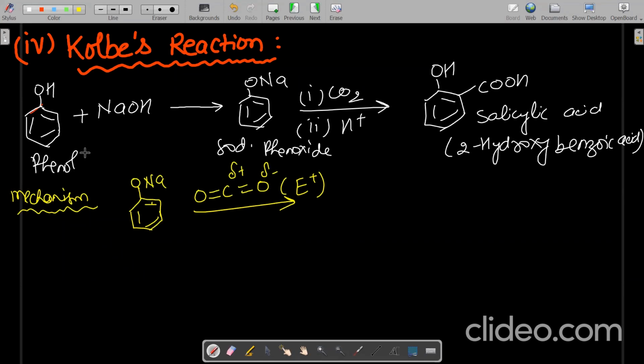And due to its electrophilic nature, the reaction will occur like an electrophilic substitution, which attacks this carbon electrophile and the pi bond shifts over here. So now you can see the intermediate product you get.